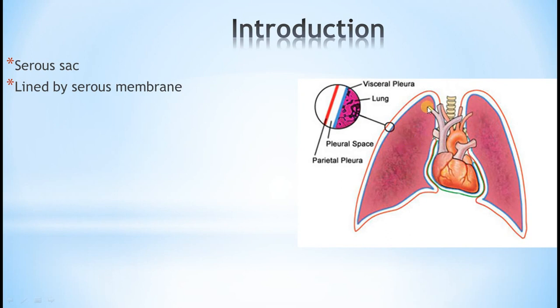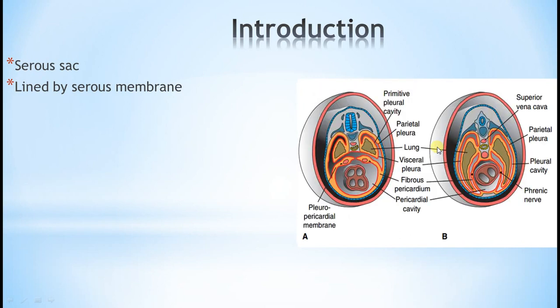Okay, so this membranous covering is a serous membrane, which produces serous secretions which are mostly watery in nature. When it is somewhat sticky or thick in nature, we call it mucus secretions.